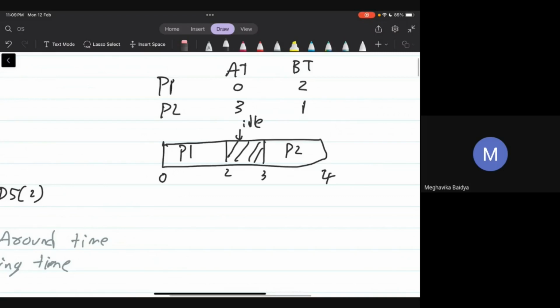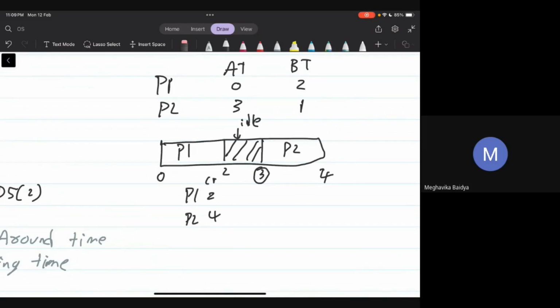In this case, the completion time of P1 will become 2, and the completion time of P2 is 4. But the CPU gets processed time for P2 is 3, and for P1 it's 0.